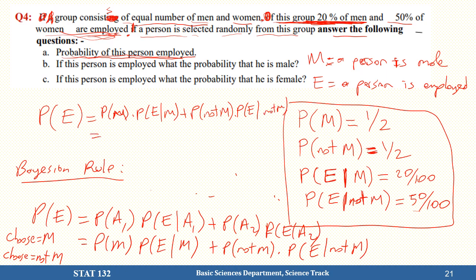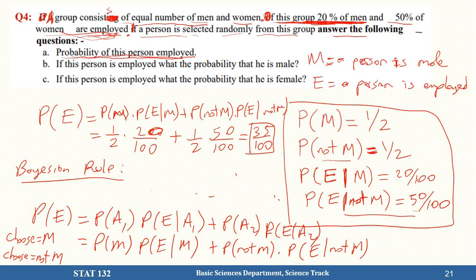So the probability of male is 1 over 2, and the probability of employed given that male is 20%, plus the probability of female, not male, it's 1 over 2, and the probability of employed given that it's not male, so this is 50% again. So if you do this calculation at the end, you will get 35%. So the answer here is 35.